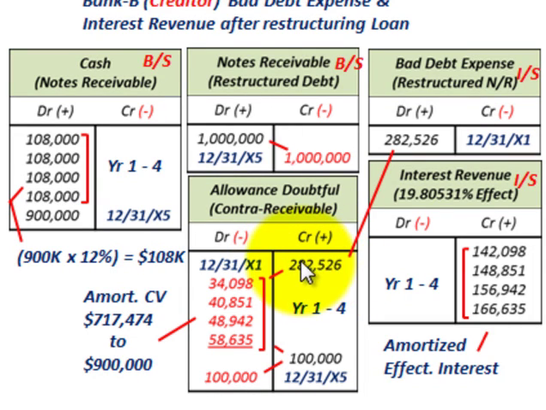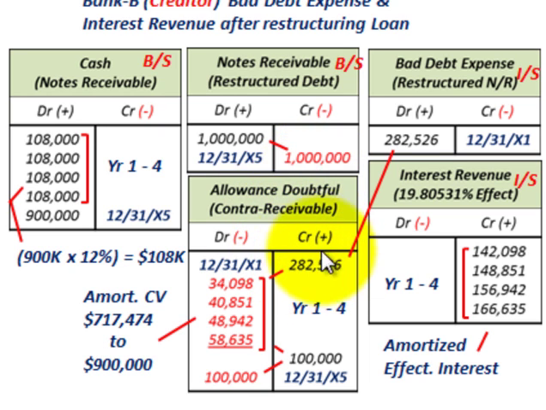That was the difference between the $1 million original amount in the note and the present value of the restructured principal and interest payments. Subtracting the present value of those cash flows from the $1 million original amount gives you what we calculated as the bad debt expense.